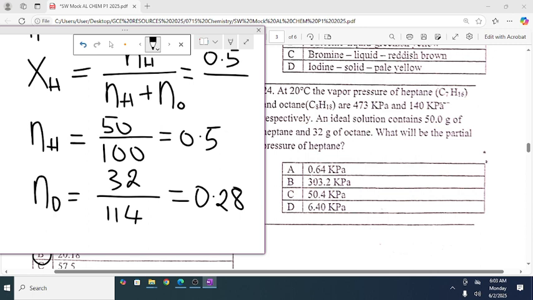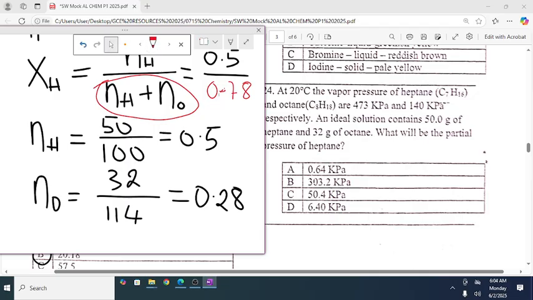So my total number of moles is 0.28 plus 0.5, which gives me 0.78. So the mole fraction of heptane is 0.5 divided by 0.78, which is 0.64.